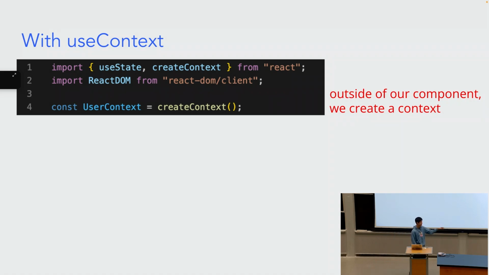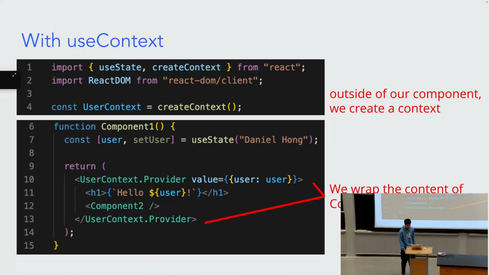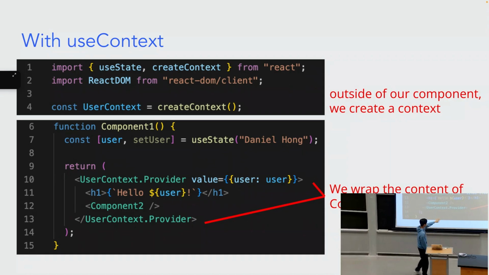So if we wanted to save ourselves the hassle of having to pass it all the way down, what we could instead do is, outside of our component, we create a context called UserContext. But we can call it whatever we want. This is a helpful name to tell us that this is keeping track of the user. Then inside component 1, we wrap the content of component 1 in what we call a provider. And every single context that we create using createContext has this provider element. This allows us to wrap everything.